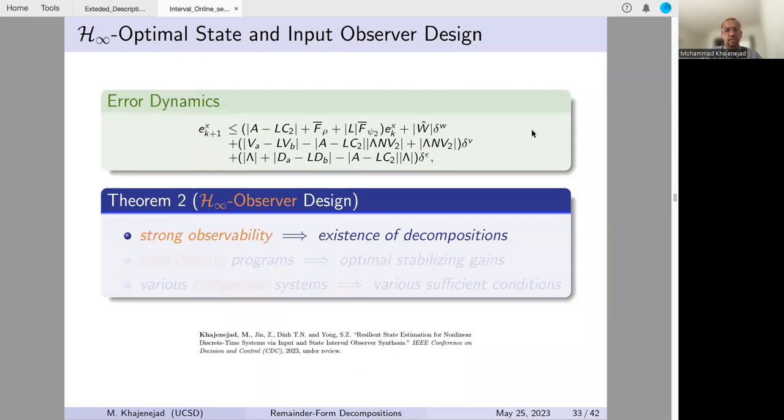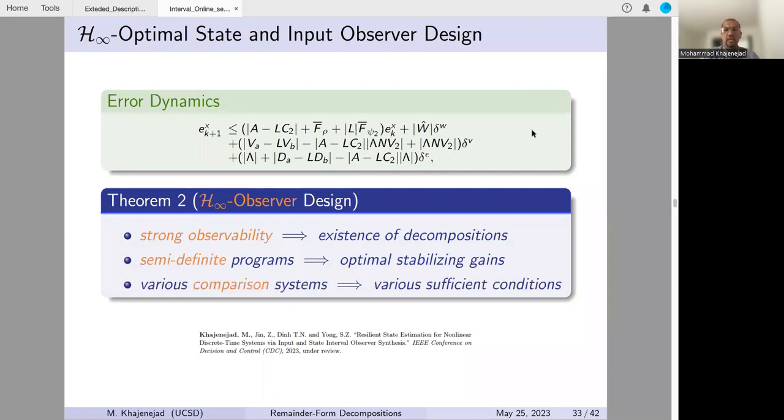if some dynamical property called strong observability holds, then the existence of these decompositions is guaranteed. Also, again, by using some semi-definite programs, we can design an optimal stabilizing gain. And since these error dynamics can be upper bounded with linear systems in various ways, we end up having different sufficient conditions for stability of this design.